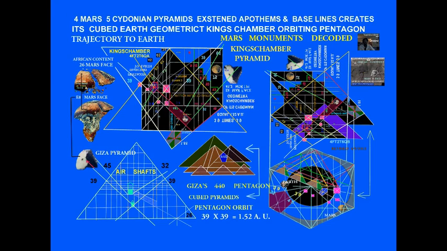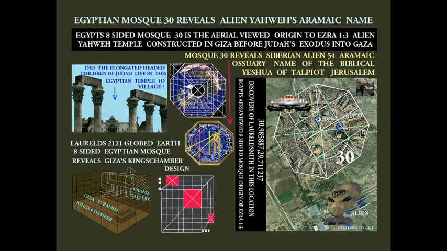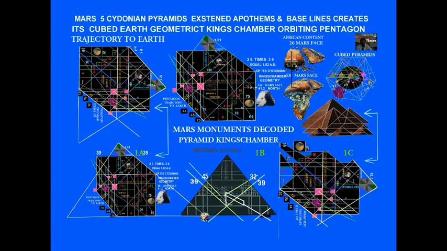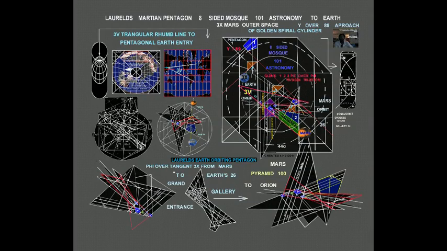This rectangular structure also reveals an orbital pyramid trajectory of the Cydonian geometry to the Earth orbit and the Giza pyramids. Now, finding Orion within this cubed eight-sided mosque geometry.